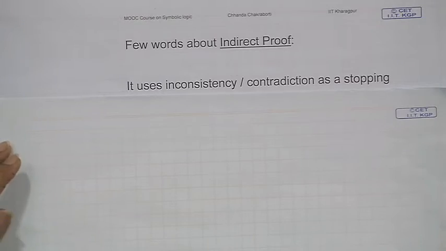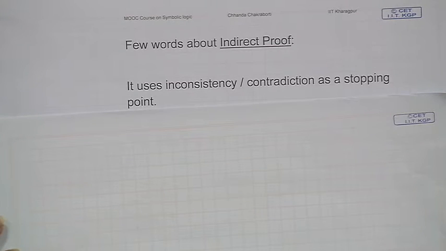Before we proceed to conditional proof, let me make one point clear about indirect proof. I simply said that it stops at an absurdity, where we take the absurdity as the self contradiction, something very obvious, where a proposition and its negation are both being placed as true. So, this IP procedure uses inconsistency or self contradiction as a stopping point.